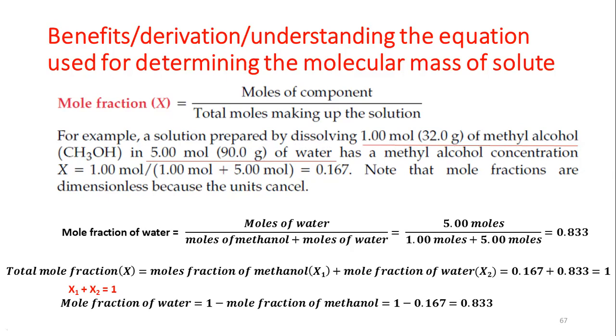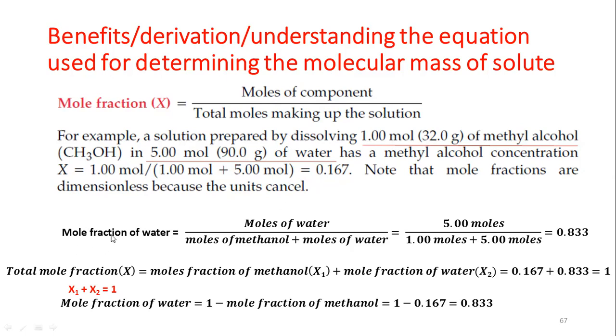So the mole fraction of the methanol would be 0.167. How? Again, you can use this formula. This is the 1 mole of methanol divided by the total moles. Total moles are 1 mole of methyl alcohol and 5 moles of water. When you solve this, you will get this answer.